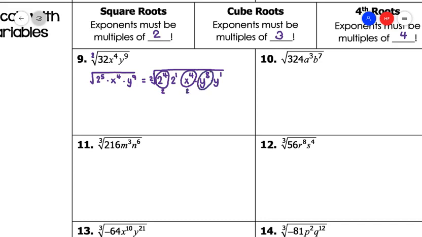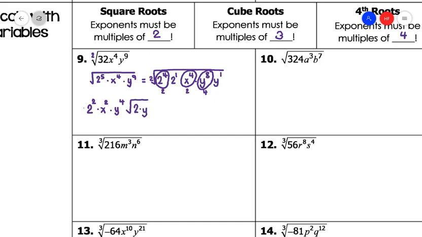And then there's y to the 8th. 8 divided by 2 is 4. So those are now going to become the powers on those variables or numbers on the outside. So I'm going to have 2 squared times x squared times y to the 4th. And then on the inside I still have a 2 and a y.